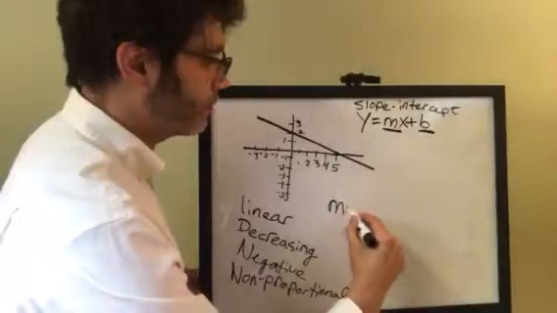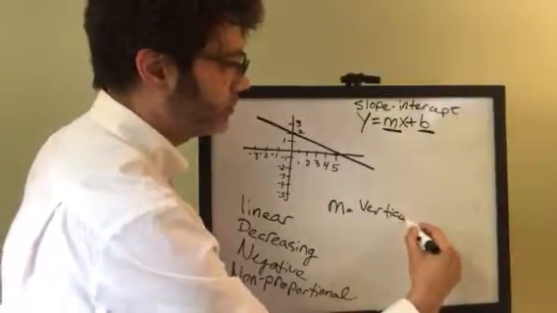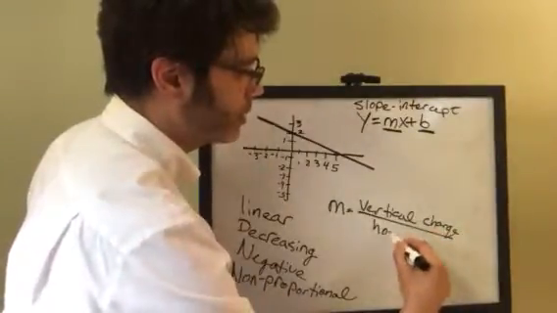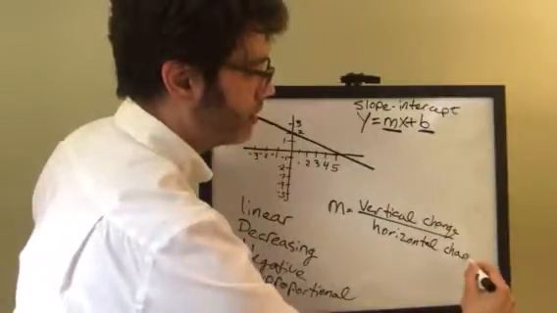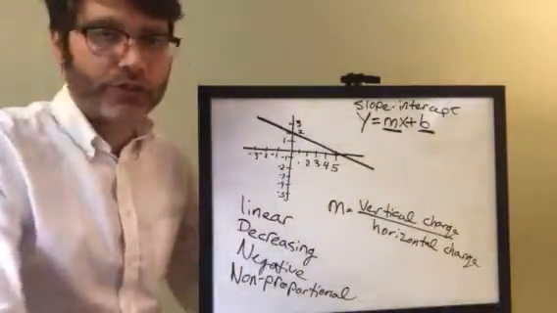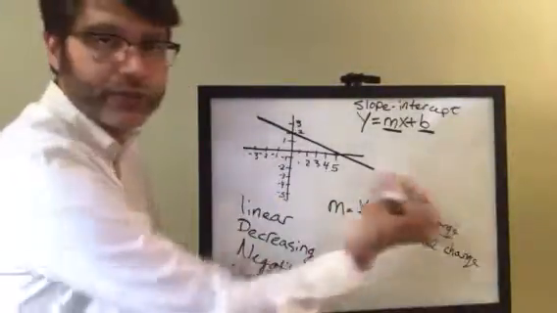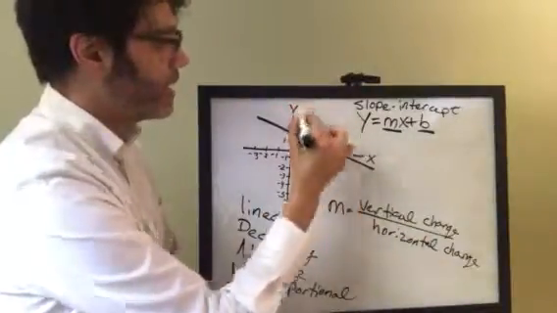So let's count this out. Slope is the vertical change over the horizontal change of a line. I remember to write the vertical on top and the horizontal on bottom because horizontal is left to right, which is like the movement on the x-axis.